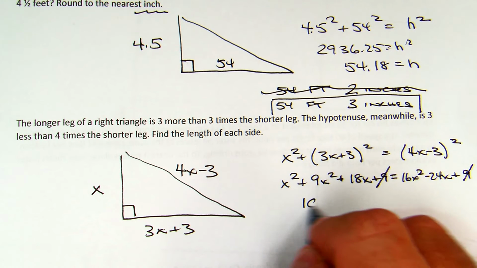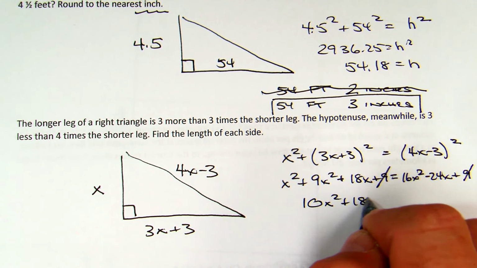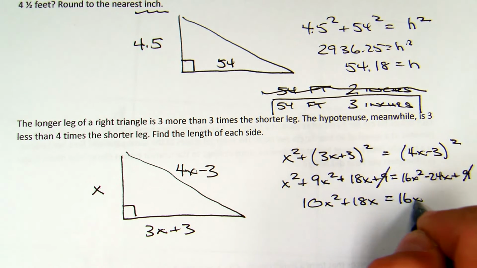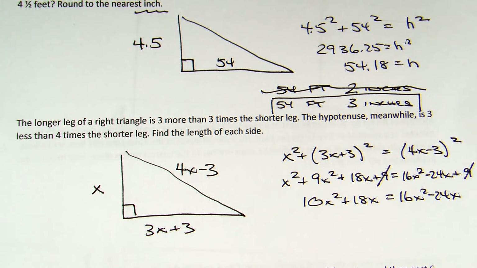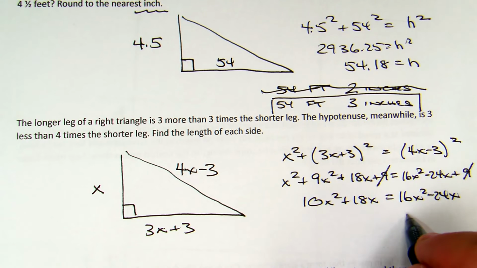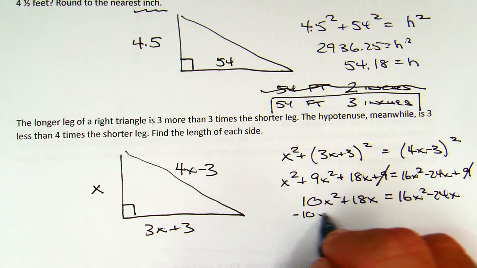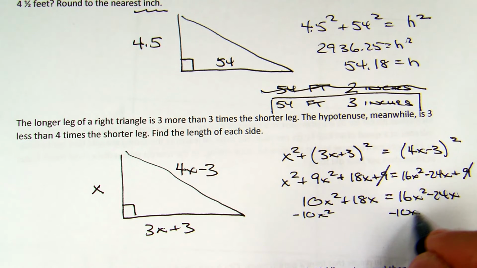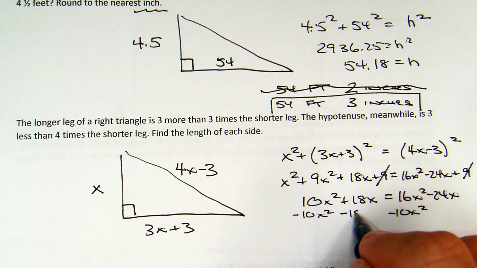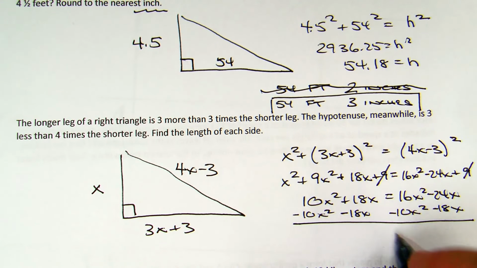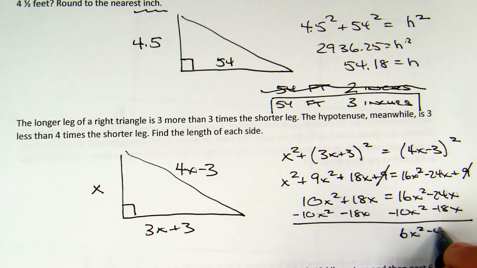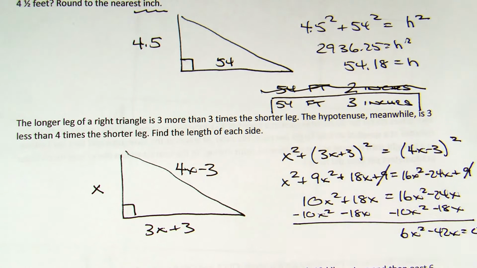This is going to give me 10x squared plus 18x equals 16x squared minus 24x. When I subtract the 10x squared from both sides, and then subtract the 18x from both sides, I get 6x squared minus 42x equals 0.